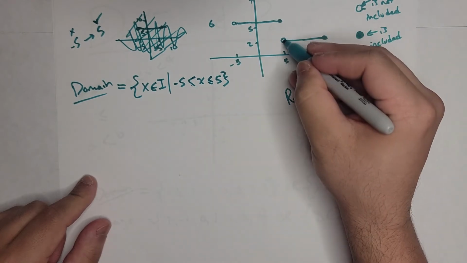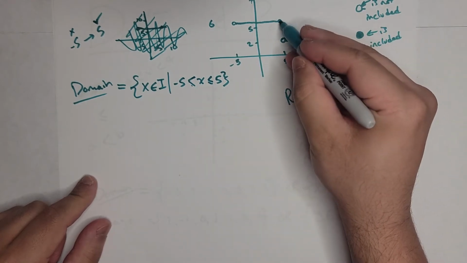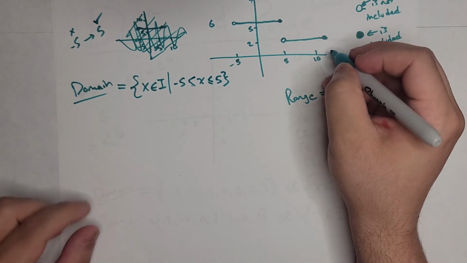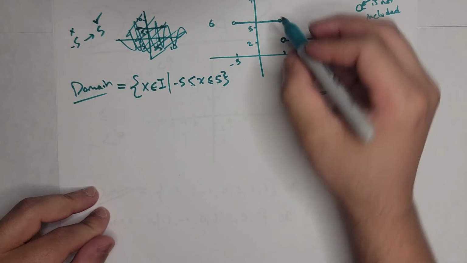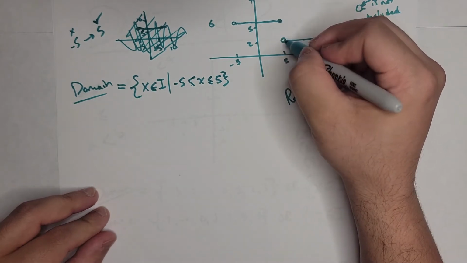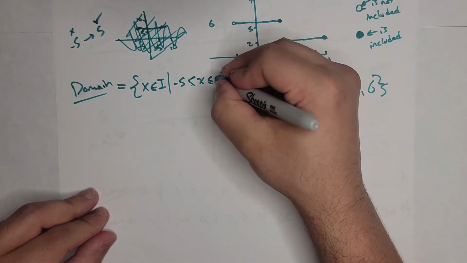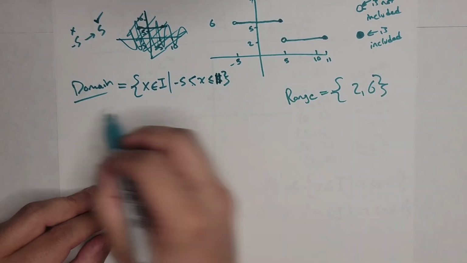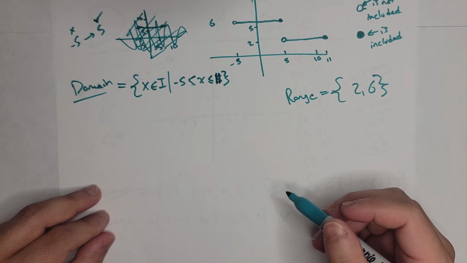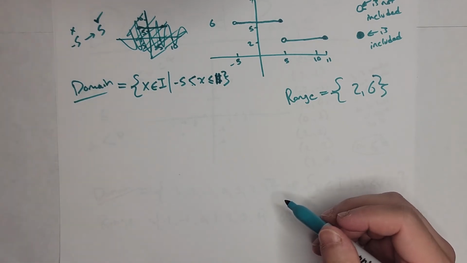But this 5 is, even if this one is open, this one is included. But let's say this ends at 11. So actually the domain will continue all the way to 11. And that is the domain and range for this particular function.